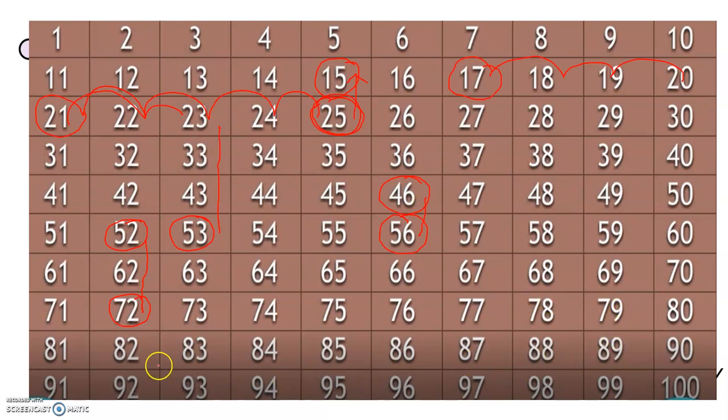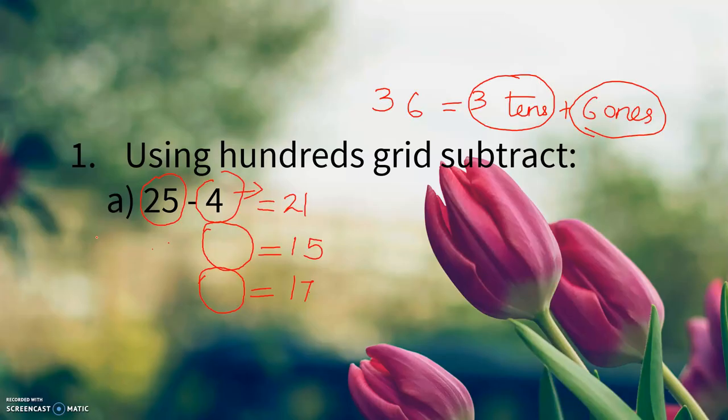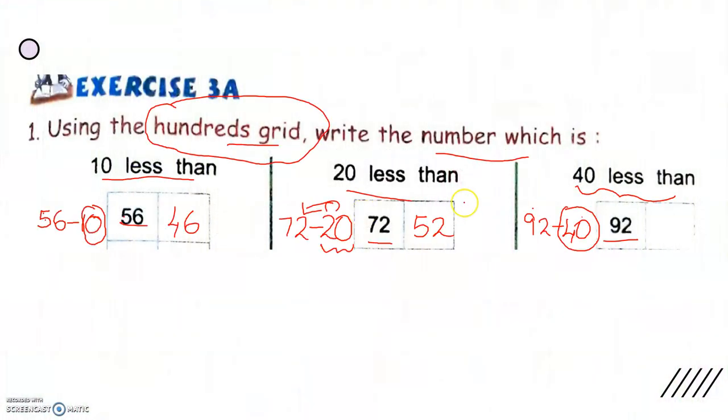Here it is 92. You have to move 4 times upward: 1, 2, 3 and 4. So our answer is 52. So this is how we can subtract using a hundreds grid.